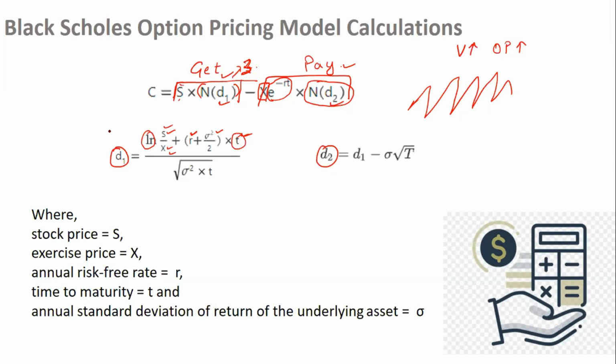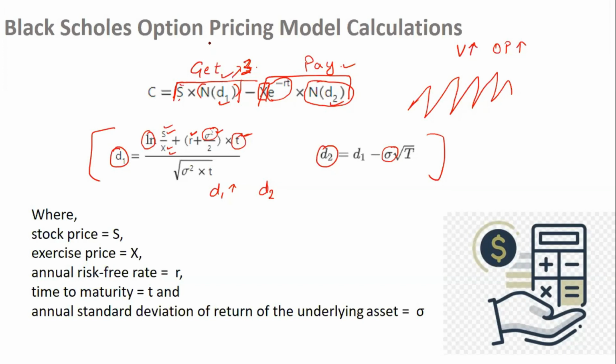Now look logically at this formula. If volatility increases, this portion goes up, then D1 goes up. But D2 does not go up to that level. Why? Because D2 is D1 minus this number, minus the volatility. So D2 will go up, but not to that level.